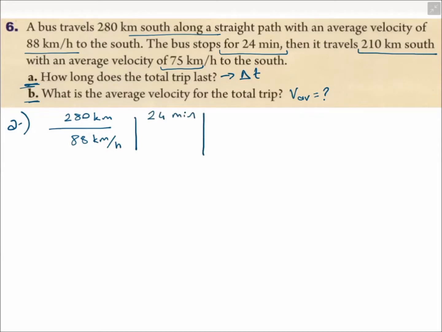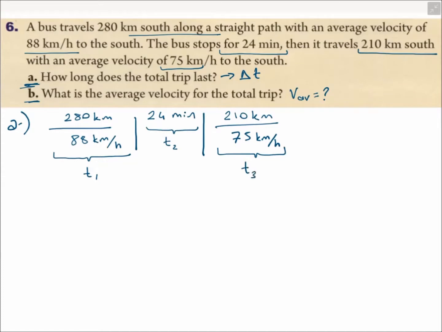Then it goes in the same direction 210 kilometers with the 75 kilometers per hour. And here for each part I will calculate the time, t1, t2 and t3. Then I will add them to each other to find the final answer.